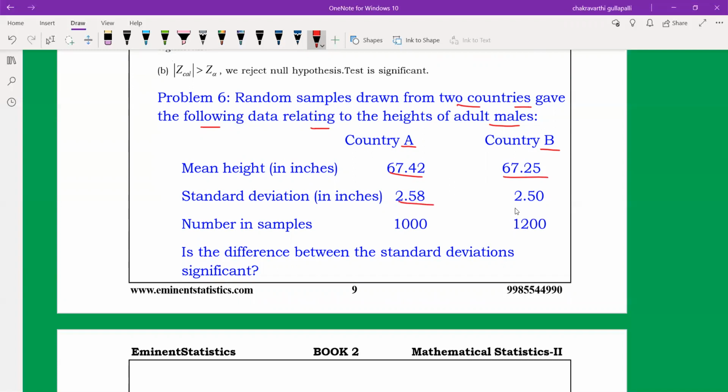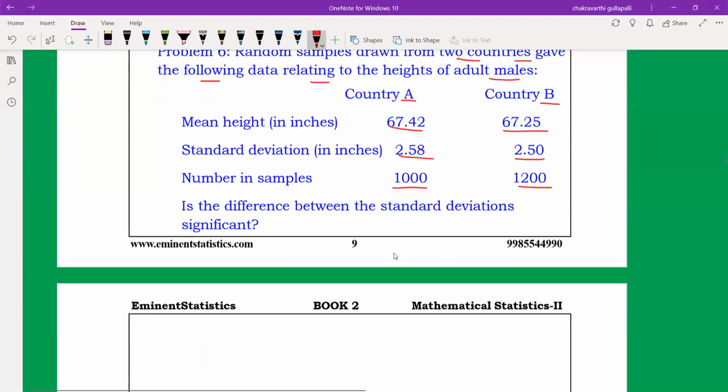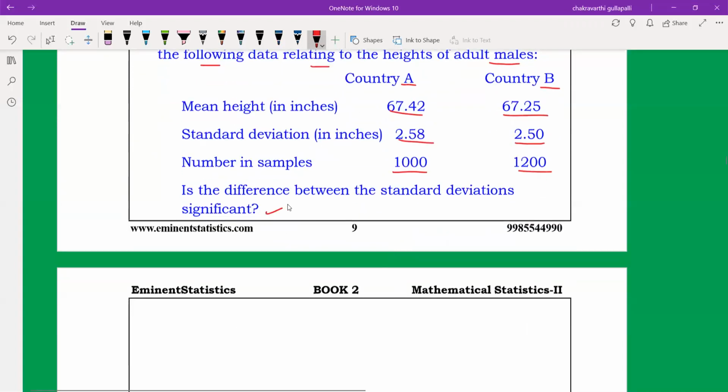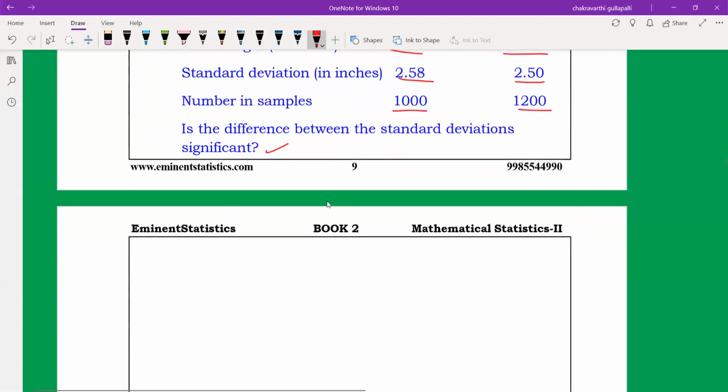Standard deviation of country A is 2.58, standard deviation of country B is 2.50. Number of samples in country A is 1000, in country B 1200. Is the difference between the standard deviations significant? The difference is significant or not here? So, a simple hypothesis and a simple alternative hypothesis.